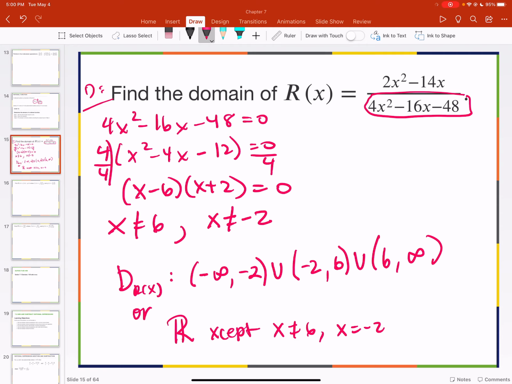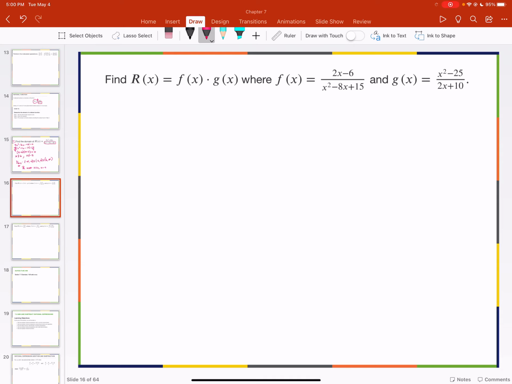All right. So let's go ahead and practice multiplying. So find the rational function r of x when you multiply both f of x and g of x. So let's go ahead and do that. So f of x times g of x is 2x minus 6 over, you know what, I'm going to factor as I'm doing it to save space.